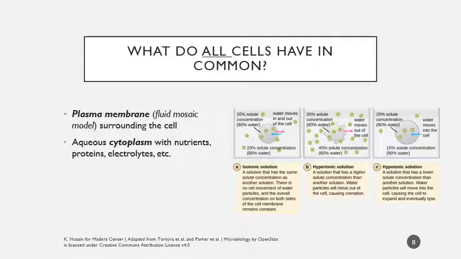Sometimes the cell is in a condition where it's the same as the external environment, meaning it doesn't have to do anything to maintain its internal environment. But if, for example, the cell is in a hypertonic solution, like a salty solution, it's going to have to deal with constantly losing water from its cytoplasm to the surroundings.